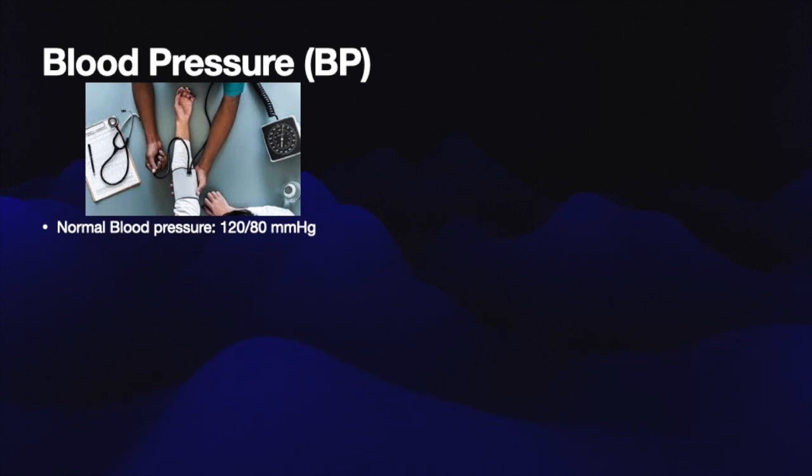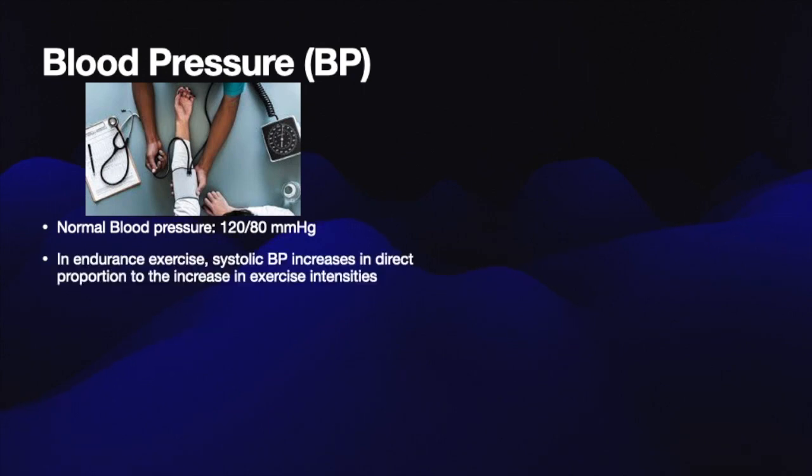To see what happens to our systolic blood pressure and diastolic blood pressure, let's look at normal blood pressure. Normally, our blood pressure is 120 over 80 millimeters of mercury, mmHg.